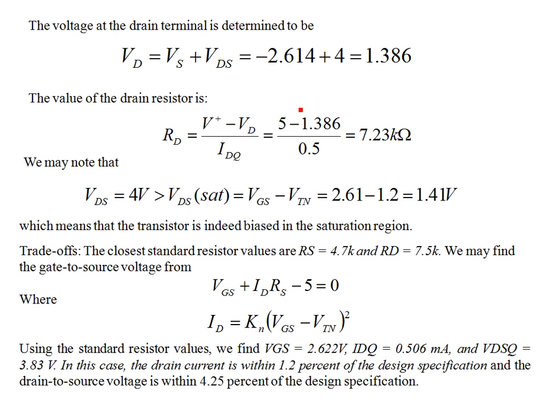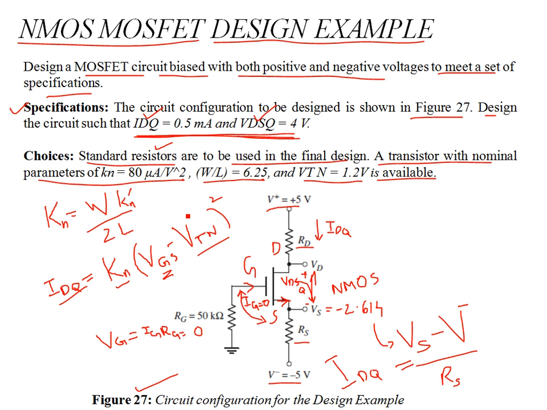But first, let's find out what the drain voltage is. We need this drain voltage, because V positive minus VD, divided by RD, from Ohm's law is equal to IDQ. So IDQ is known, only RD is missing over here, but first you need VD.